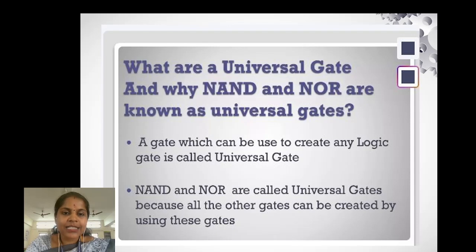A universal gate is a gate that alone can be used to construct all other basic logic gates and any Boolean expression. For a gate to be called universal, it must be capable of implementation of NOT gate, AND gate, OR gate. Once these three operations are available, any Boolean function can be realized. NAND and NOR gate satisfy these requirements.